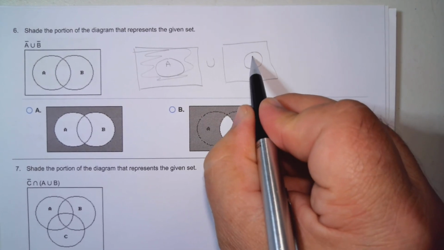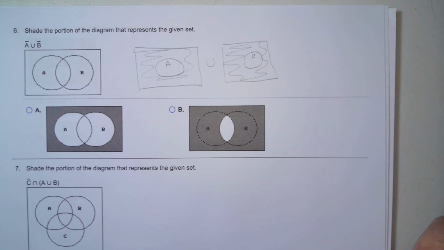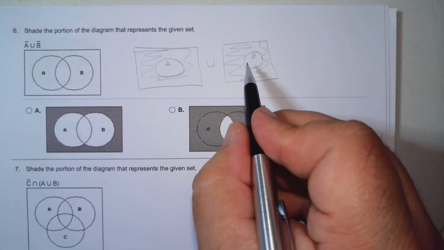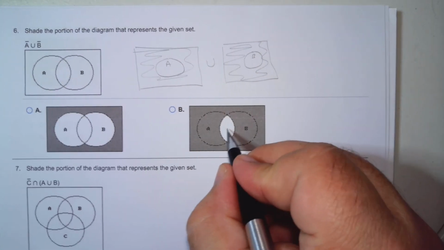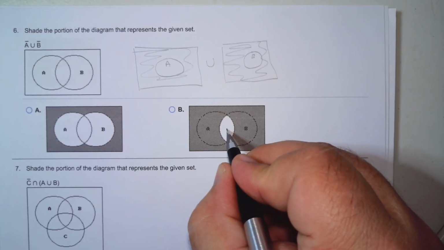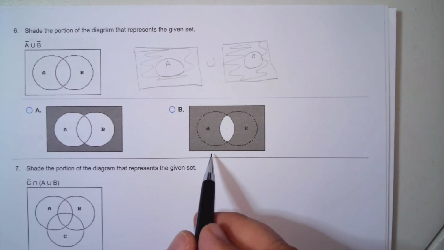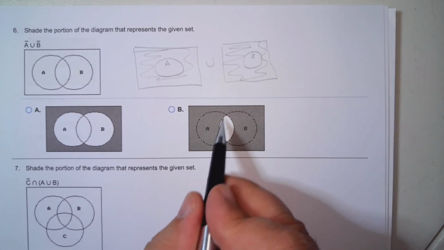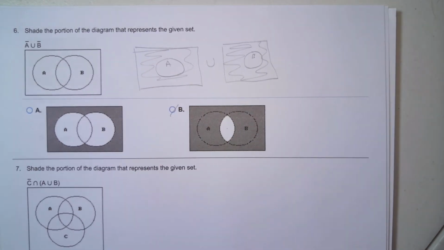Here's B. Everything outside of it. So the only part that they don't share, that you can't include, is where they overlap. Because from A we can use all of B, and from B we can use all of A. The only part we didn't discuss is where A intersect B. So the answer is B.